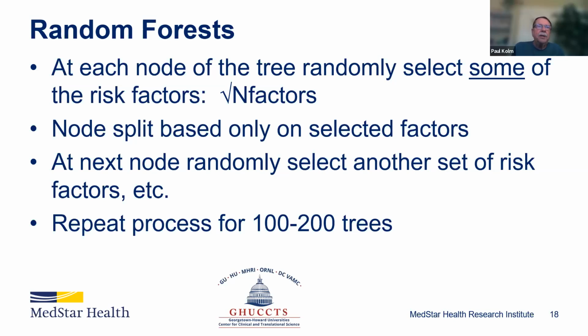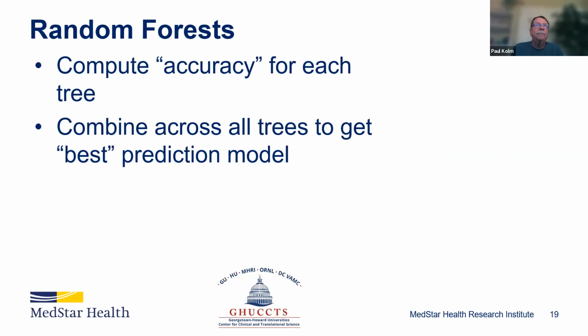When you get to the next node, you randomly select another set of risk factors, and so on as you're growing the tree. You repeat this process for a couple hundred trees, and then you compute the accuracy for each tree, and you combine across all trees to get the best prediction model.